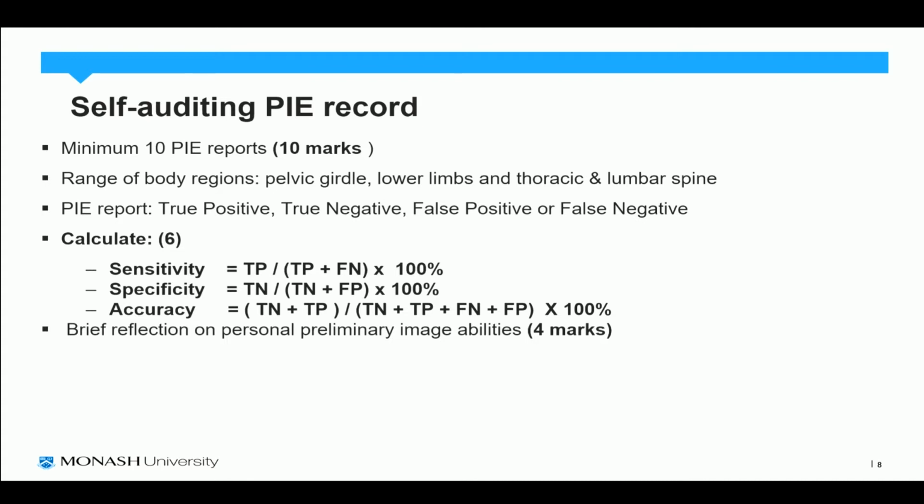So for the 10 reports that you prepare, that will be 10 marks for the calculation of the sensitivity, specificity, and accuracy. And there you've got the formulas. That will be 6 marks, and the reflection will be 4 marks.